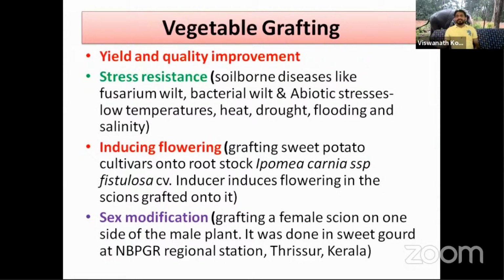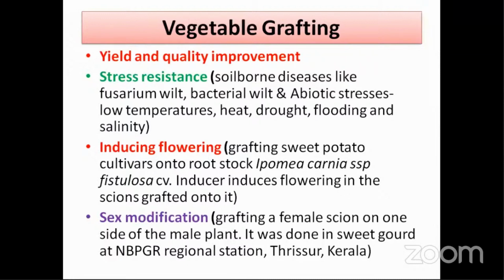The scion is high-yielding but susceptible to disease, but the rootstock is a wild type that is resistant to disease. So you graft it: take the rootstock from the wild and scions from the cultivated high-yielding type. You can get higher yield without much loss due to disease. So grafting is very effective against soil-borne diseases like fusarium wilt and bacterial wilt.